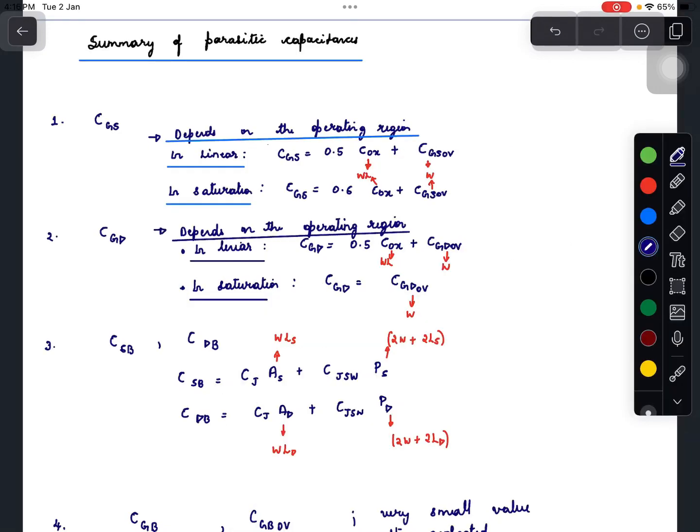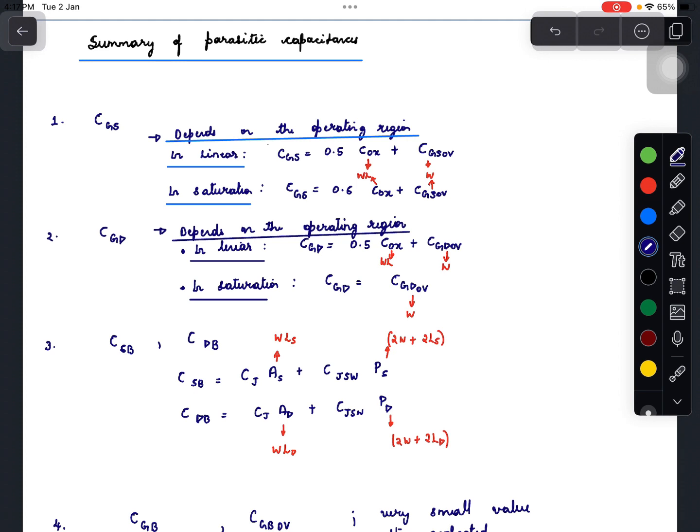Summary of parasitic capacitances of MOS transistor. The gate to source capacitance depends on the operating region. In linear region, gate to source capacitance equals 0.5 times COX, that is the oxide capacitance, plus gate to source overlap capacitance. In saturation region, CGS equals 0.6 times COX plus gate to source overlap capacitance.